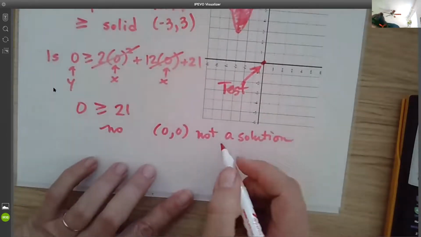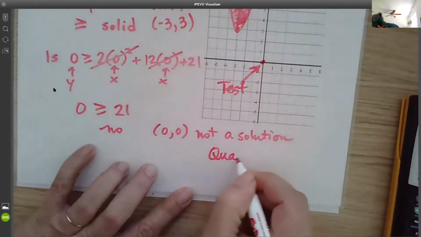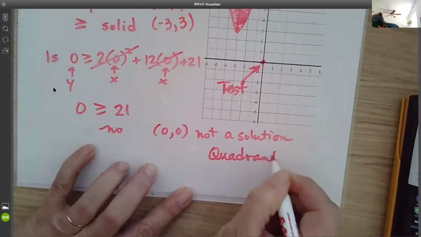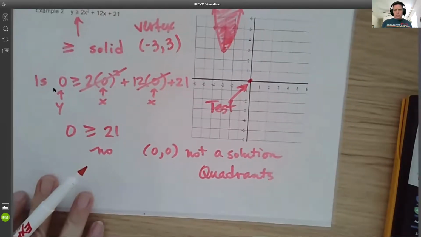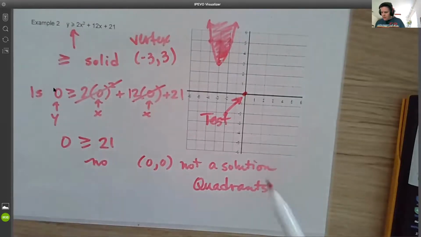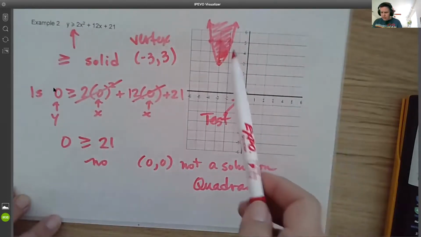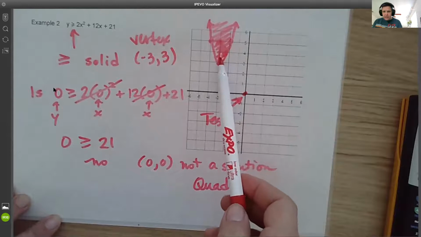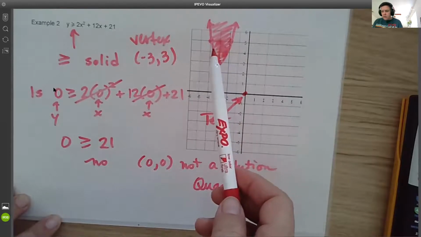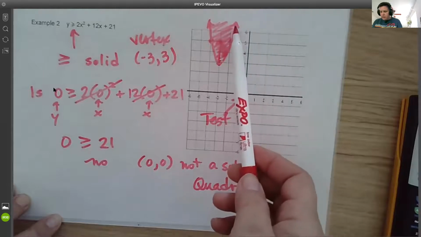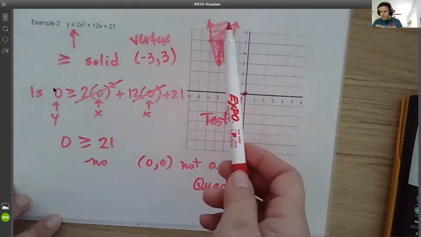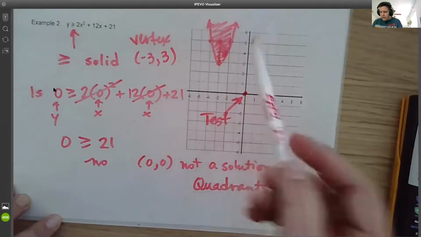And here, quadrants. My solutions are in quadrants. You always have at least 2 quadrants for your solution. It'll always be the one that you see and the one beside it, where the arrows on the edge of the parabola are.